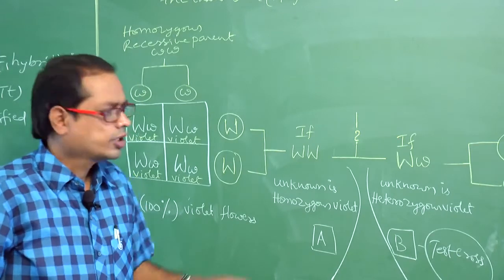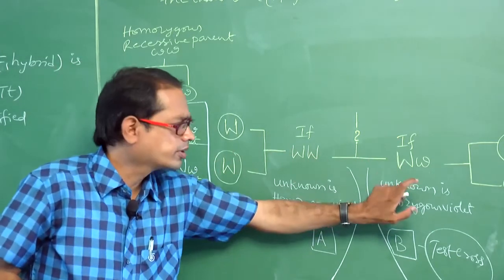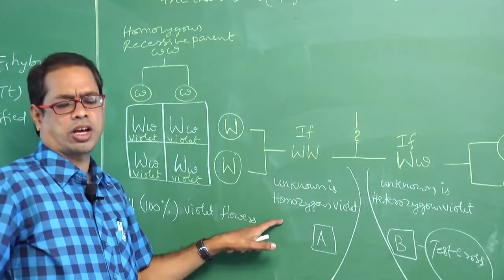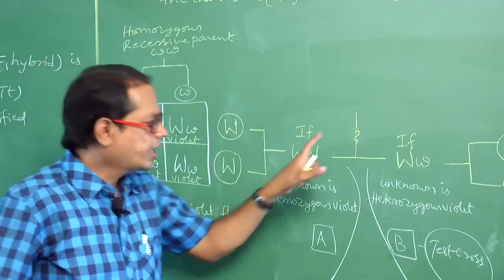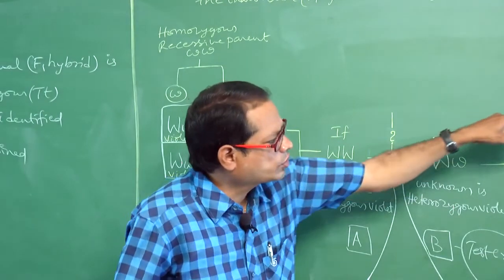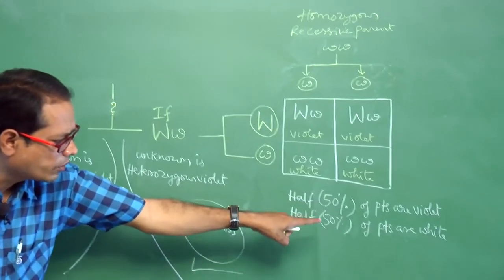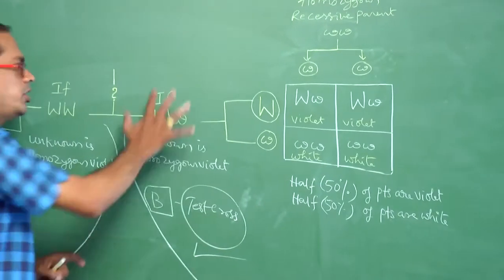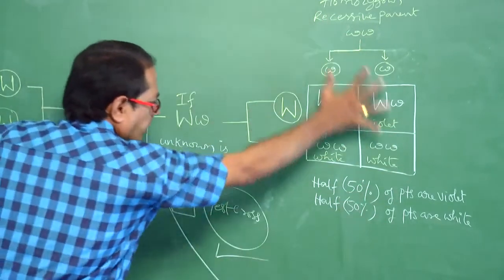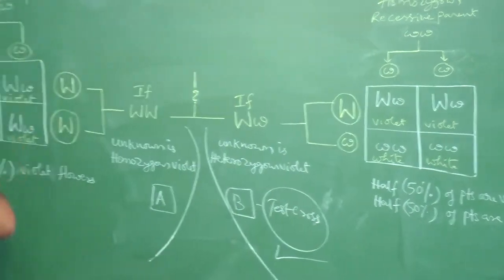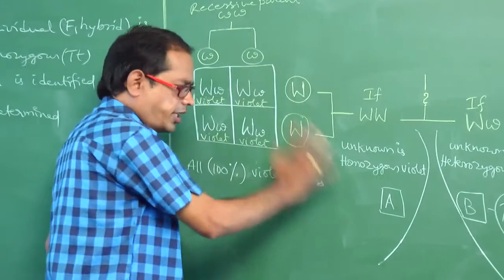So this is the test cross and this is not the test cross. When the F1 hybrid is crossed with a recessive parent, 50% violet flowers and 50% white flowers are obtained. So this part is the test cross, and this part is not the test cross.